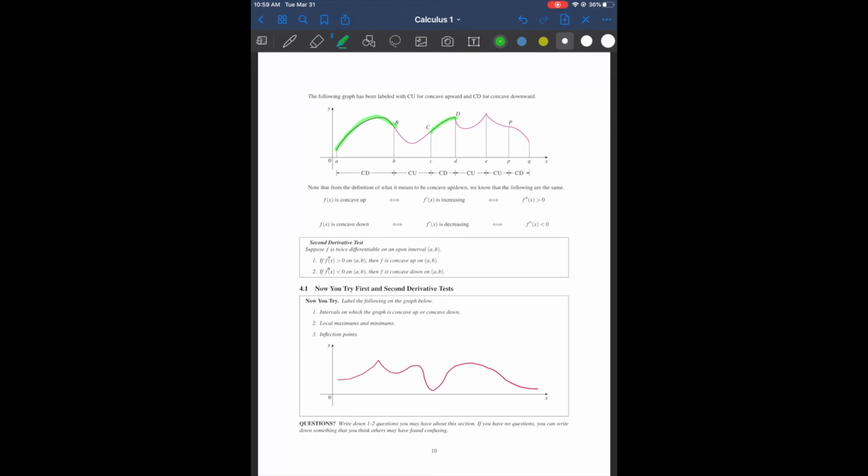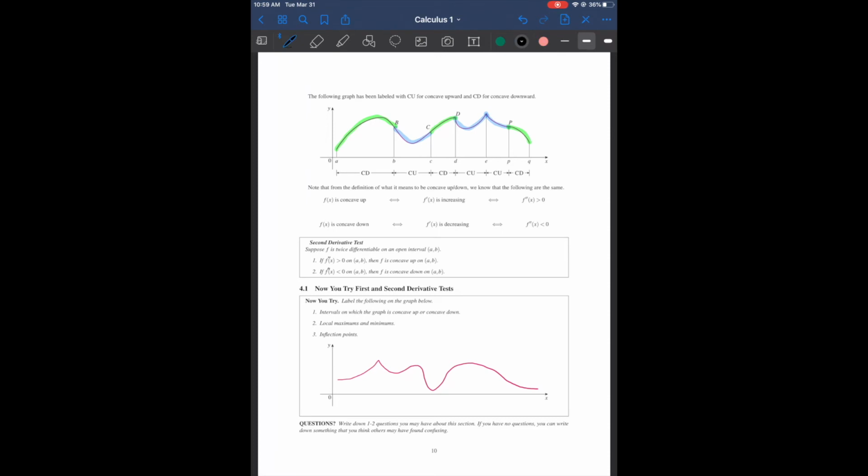It's concave down again on this interval, and then it happens again right here. The function is concave up from here to here, cupping upwards like a parabola facing up. It's concave up again here, and again here.